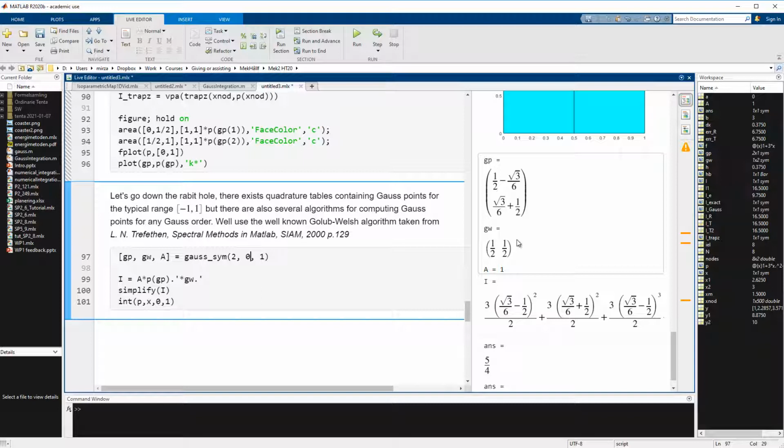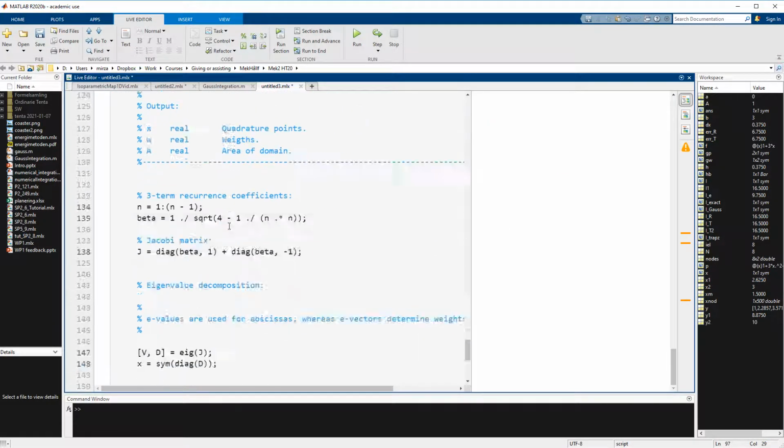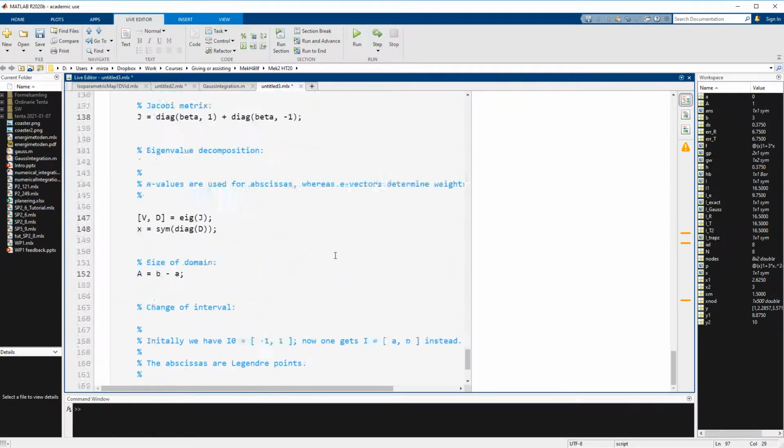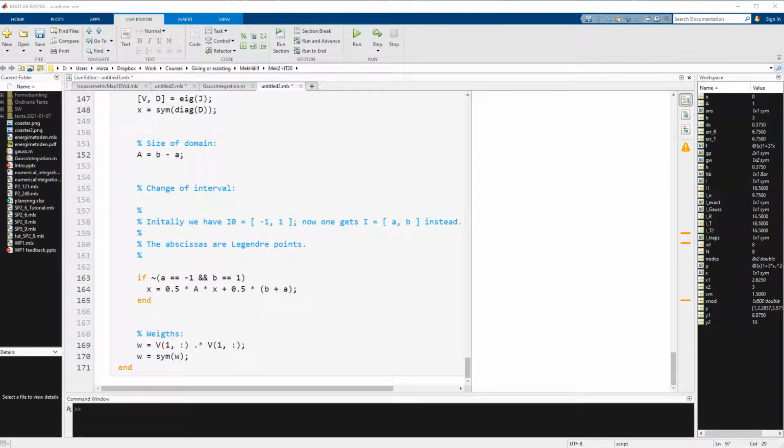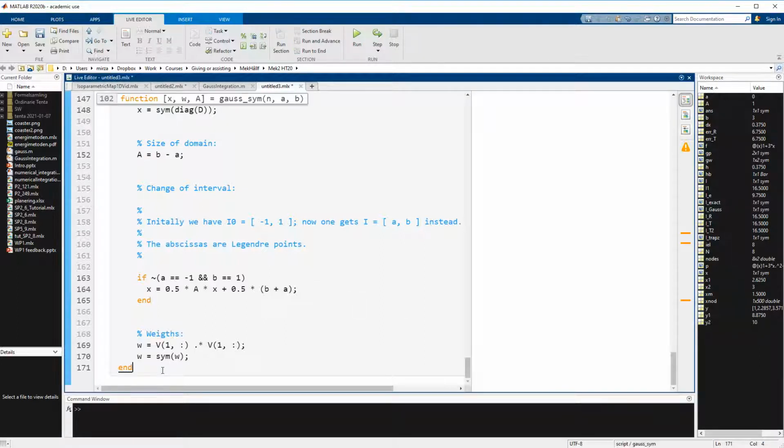So I guess that's maybe one of the reasons why they use 0 to 1. These are numbers, so when you're really using this, you're not getting symbolic values, you're getting this other thing. So let me grab that. When we are dealing with this, we will actually have this other function which is called just Gauss.